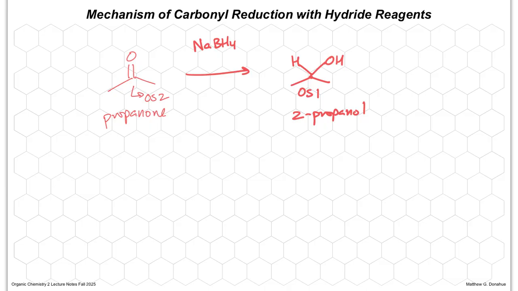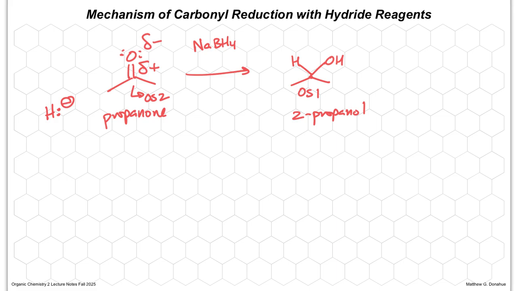So sodium borohydride is the reagent that we'll use to do this. If we assign partial negative, partial positive to the carbonyl, we arrive at that based on electronegativity. And we're going to say that sodium borohydride is supplying H minus.